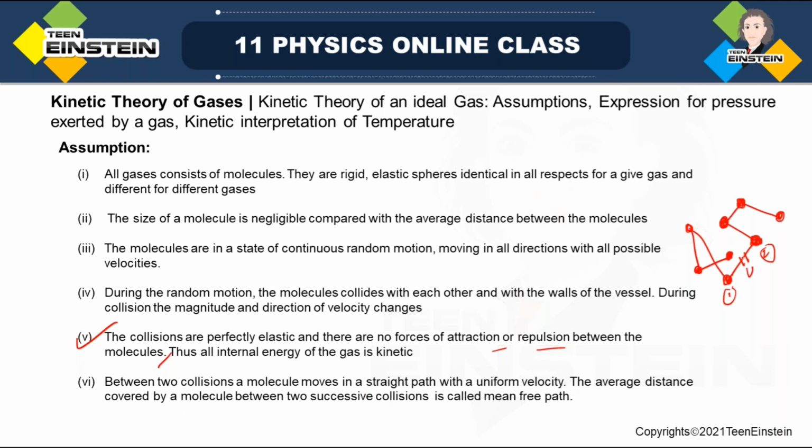As I said, the velocity between two successive collisions will be a constant velocity, and the distance they travel between two successive collisions is called the mean free path.